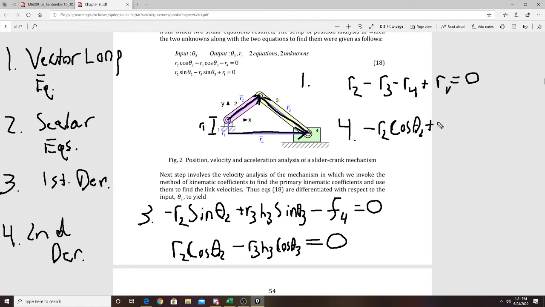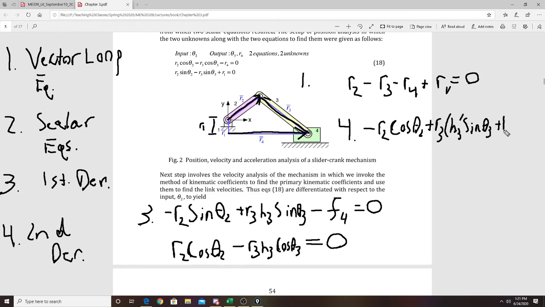So remember, R3 is just a constant, so it sits outside of the derivative. And on the inside, you take the derivative of H3 first and leave sine theta 3 the same. So H3 goes to H3 prime multiplied by sine theta 3. And then we add the derivative of this sine theta 3 while leaving the other one blank.